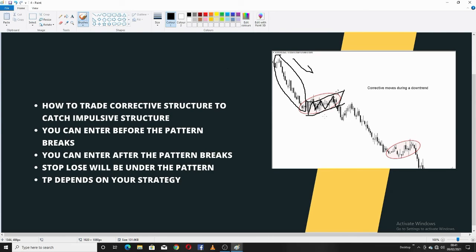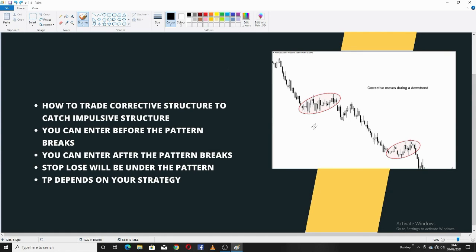And then when that channel breaks, let me show you. Let's say this is your channel, when that channel breaks, you are looking for selling opportunities. You see, it impulsed a bit and then it gave another flag, and after the break of that flag, you would have entered a sell here and then pushed to the downside with it.